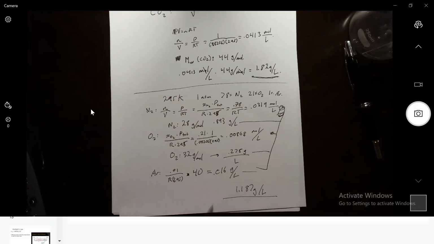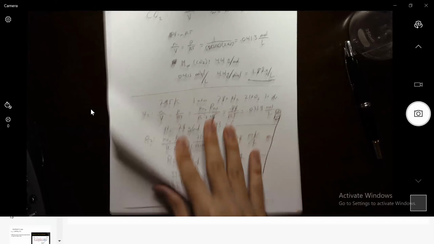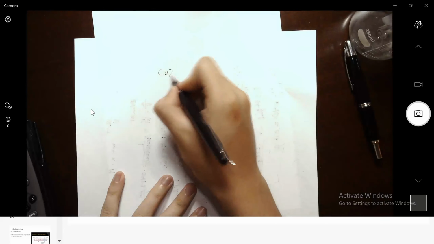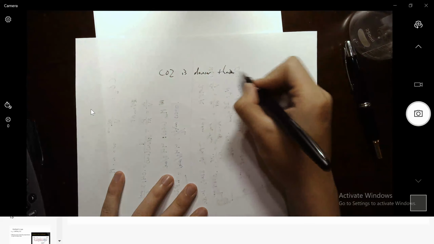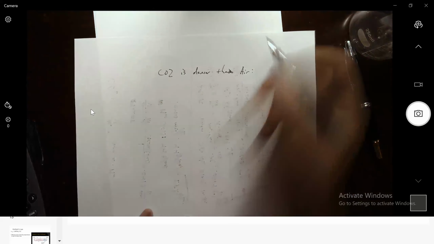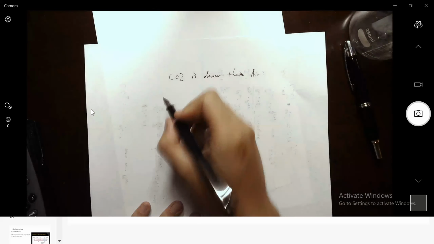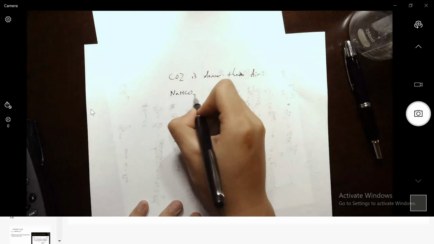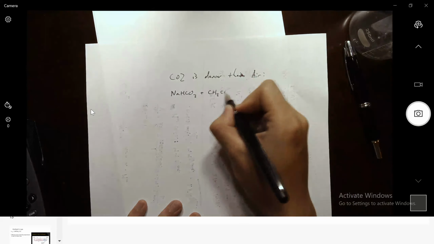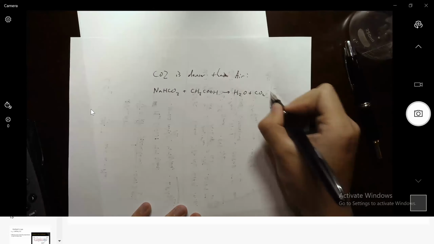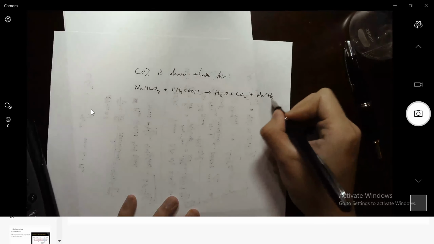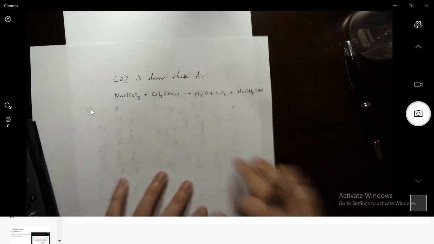So I'm going to do a demonstration based on this fact. I need to make some CO2. So how do we make CO2? The reaction is NaHCO3 plus CH3COOH goes to H2O plus CO2 plus something.